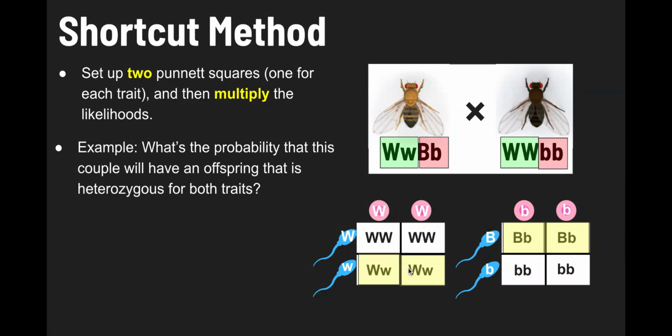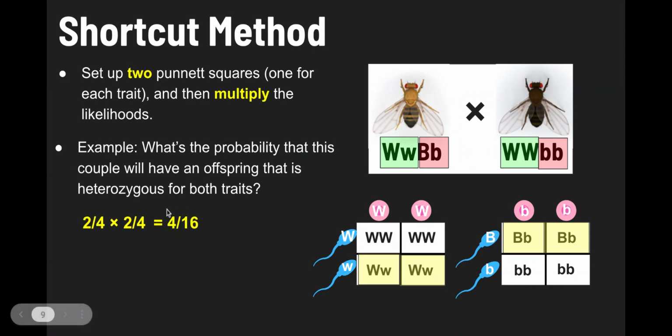Now that we know in our first Punnett square, 2 out of 4 are heterozygous, and in the second square, 2 out of 4 are heterozygous, this is when we're just going to multiply those likelihoods. So 2 out of 4 times 2 out of 4 equals 4 out of 16. 2 times 2 is 4, and 4 times 4 is 16.